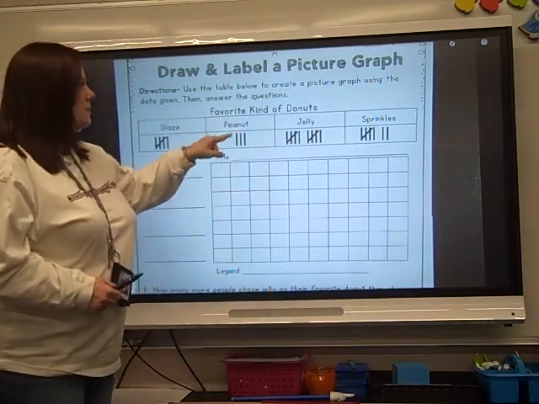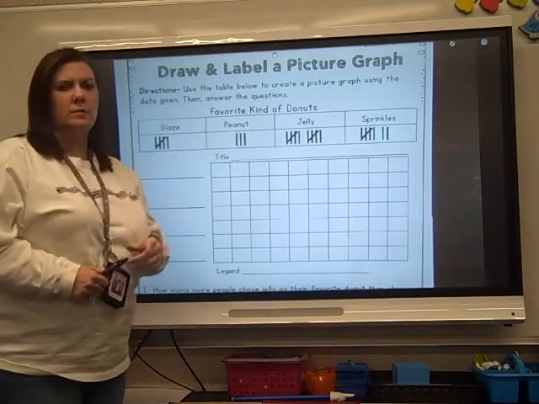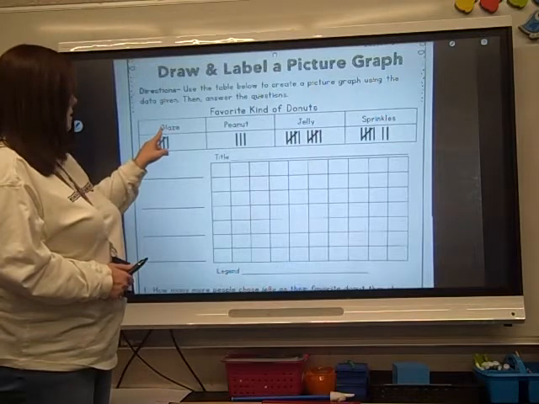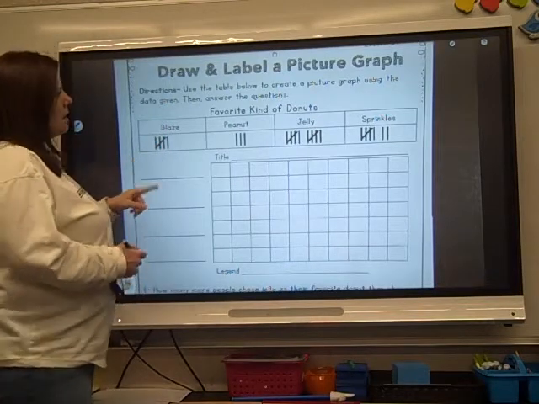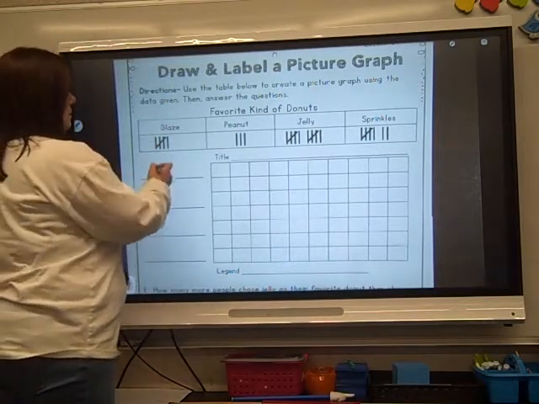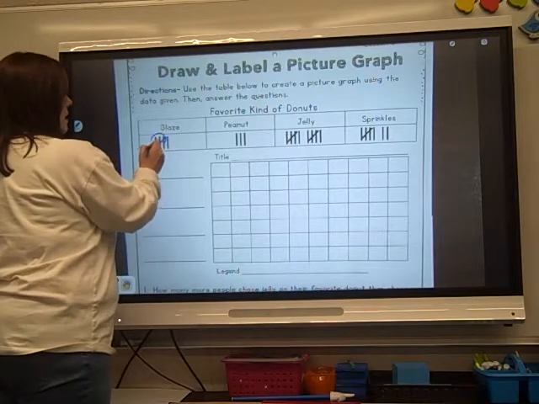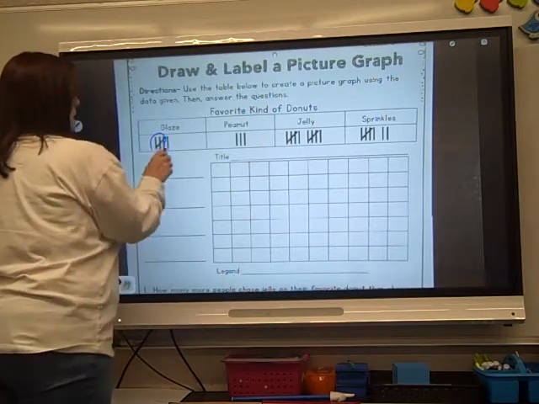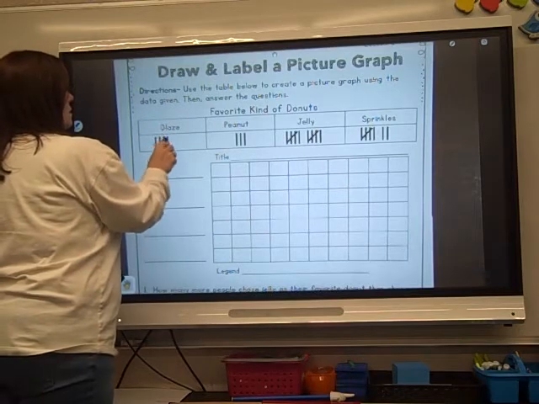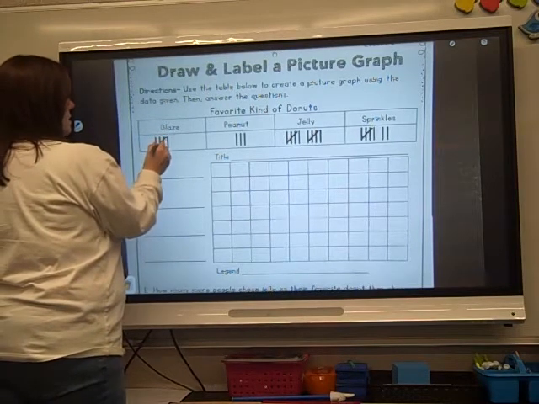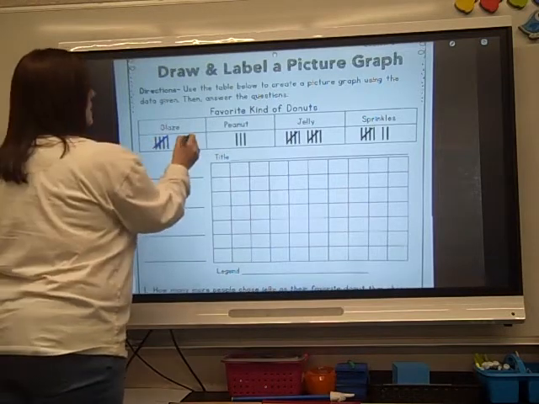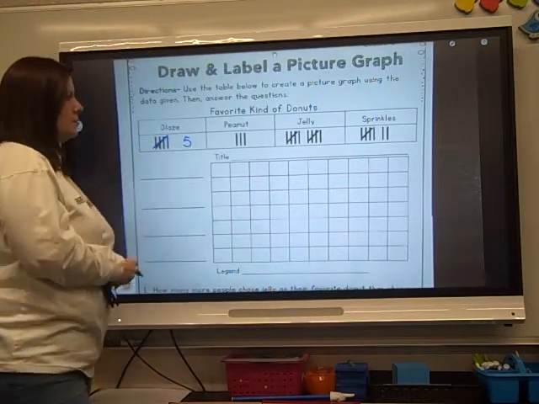Here's what they were asking, favorite kind of donut. So let's see, glazed donuts. How many people like glazed? Well, remember what we talked about, when you cross that is 5 people, or 5 votes, because you would count it like 1, 2, 3, 4, 5. So glazed has 5 votes.